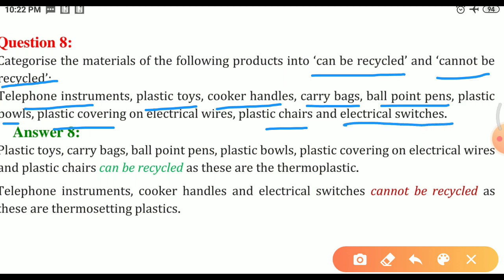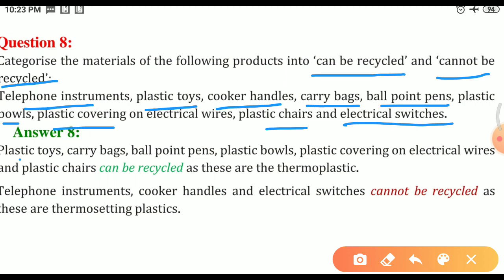If we observe the materials given, all are plastic, but some are thermoplastic and some are thermosetting plastics. Here we should know that thermoplastic can be recycled while thermosetting plastic cannot be recycled. So we have to identify which of these are thermoplastic and which are thermosetting.